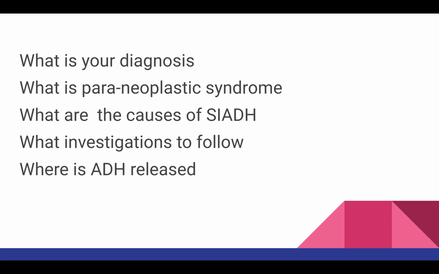Yeah. So can you tell me where is ADH released? ADH is released in the hypothalamus from the supraoptic and the paraventricular nucleus. Then it goes through the neurohypophyseal tract to the posterior pituitary gland.